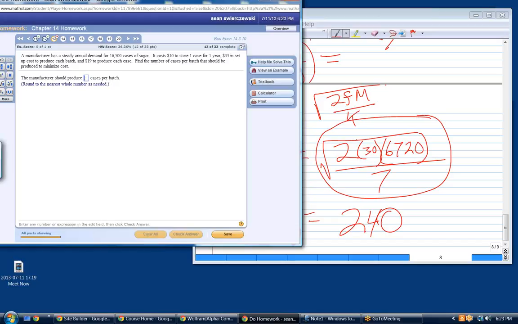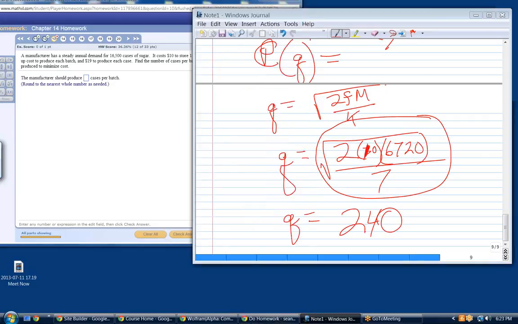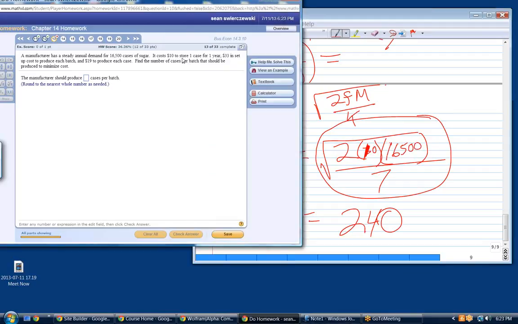All right, so we need to fill in these numbers into this equation. So F was 10. This is 16.5. And K was, K is the cost of storing per year, so that's the 10.